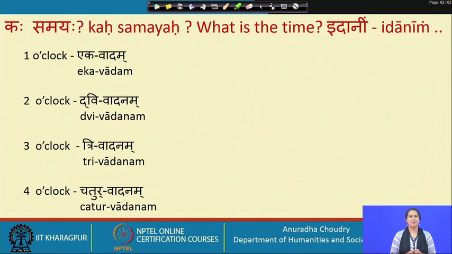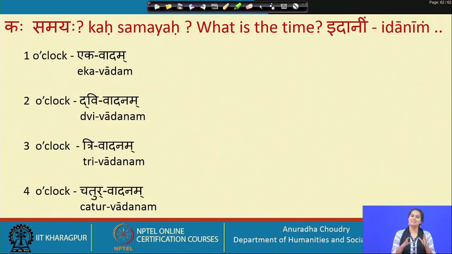Eka vadanam. 2 o'clock? Dvi vadanam, not dve vadanam, because when we are counting we are doing ekam, dve, trini and chatwari. So, if you had to say it's 1 o'clock, very normally based on what you have learnt in counting, you would have said ekam vadanam, dve vadanam, trini vadanam and chatwari vadanam.